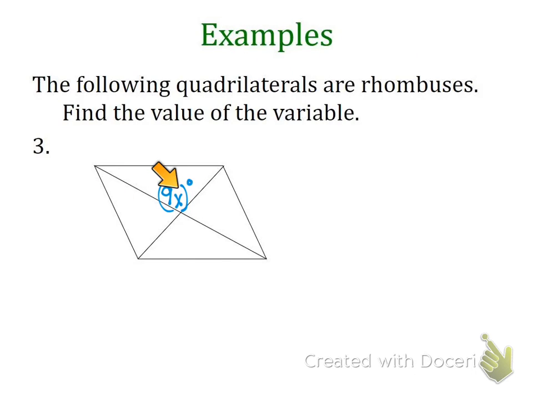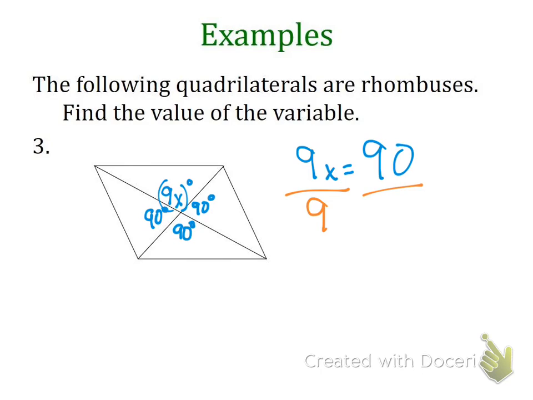So this forms all right angles. So what does 9x equal? All of these are 90 degrees. 9x equals 90. Divide by 9 on both sides. X equals 10.